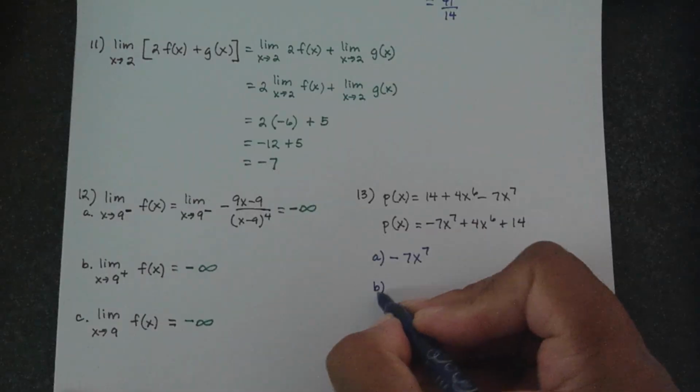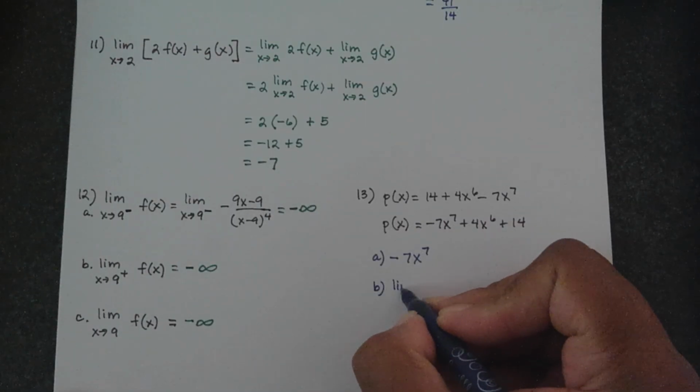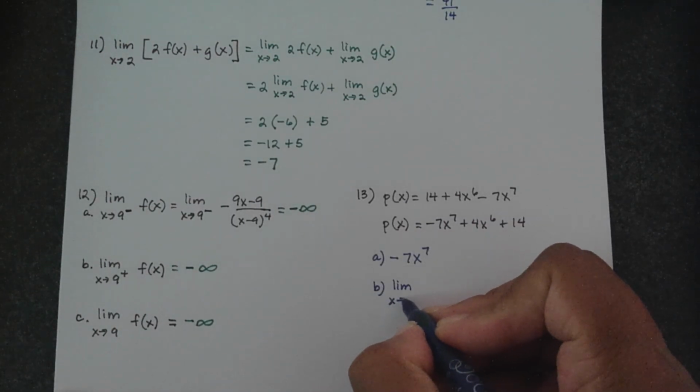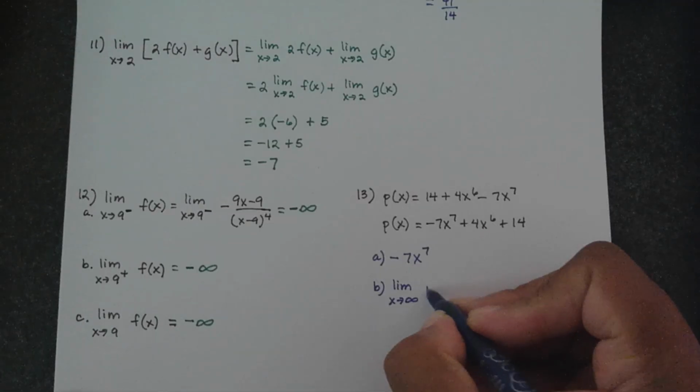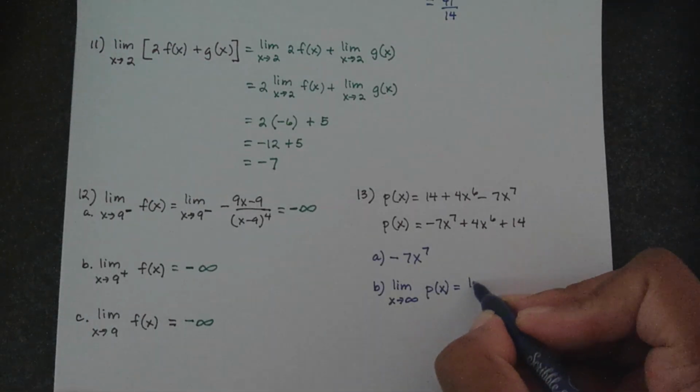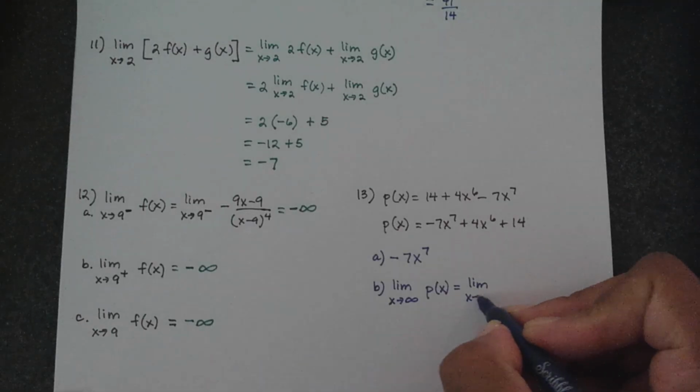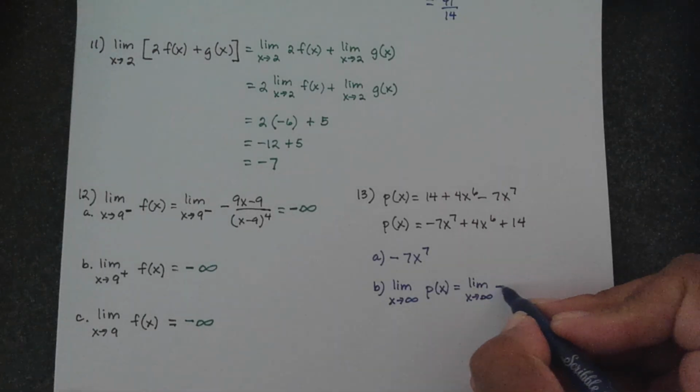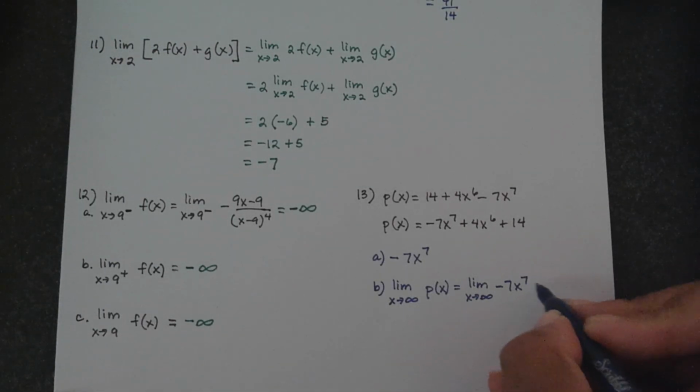Now part B is finding the limit as x approaches infinity of p of x. We just take the leading term, negative 7x to the 7th.